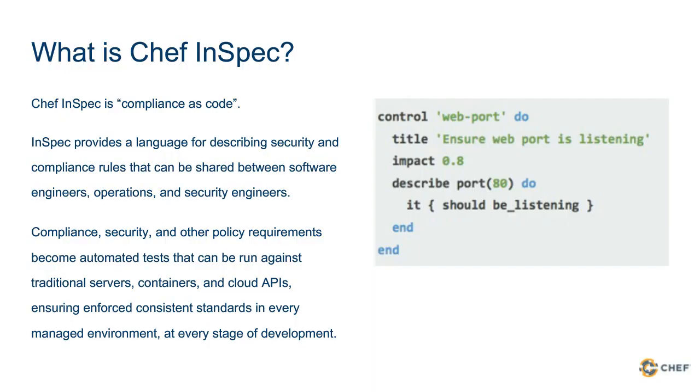Chef InSpec is what we call compliance as code. InSpec provides a language for describing security and compliance rules that can be shared between engineers, operators, and security engineers. Compliance, security, policy requirements, integration testing, smoke testing.